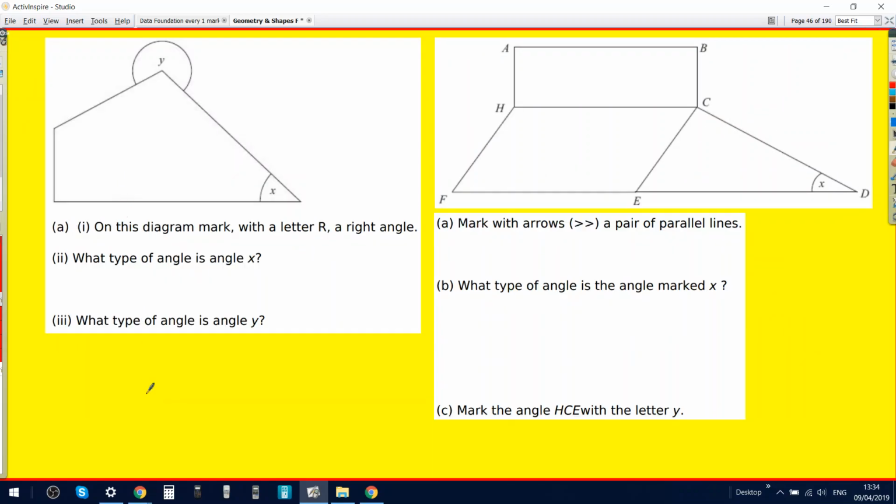Okay, this one on the left. Mark the letter R, right angle. That would be in the bottom left corner. Part 2. What type of angle is X? That's an acute angle.